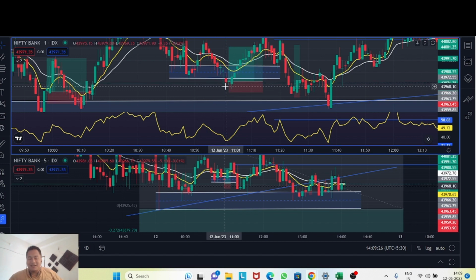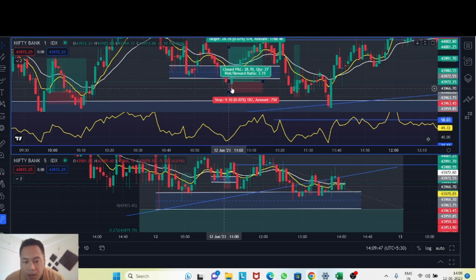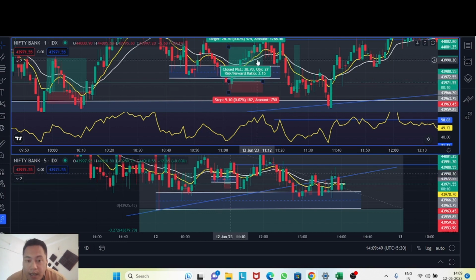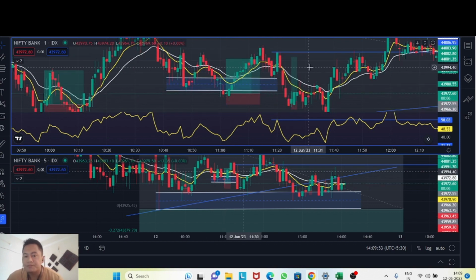So even if I lose, I would have lost 7 rupees per contract. In Bank Nifty, you get to choose 25 quantity, that is called one lot. So 25 into 7 would have been my loss, but my SL did not hit, and I took my profit here to be on the safer side.